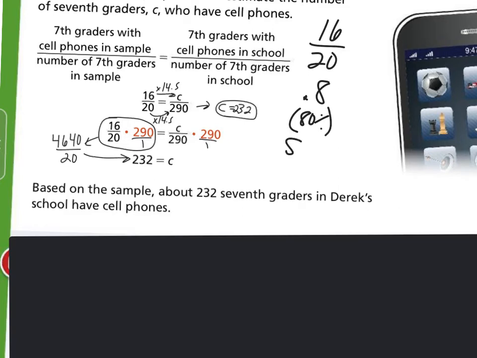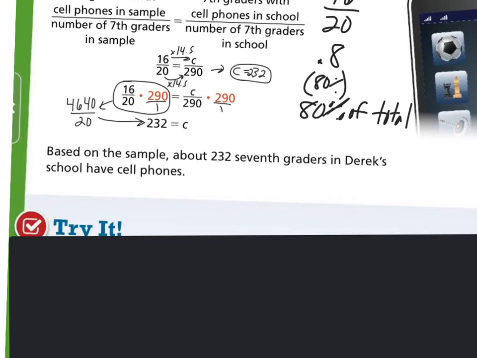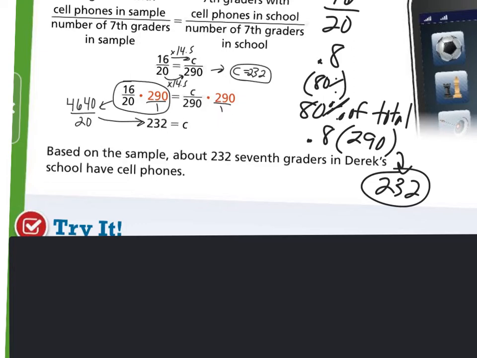So really we could say 80% of the students, or 80% of the total, have cell phones. So we could just take 0.8 times 290. That gives us 80% of the students, and we would get the same answer that way also. So it's just whichever way out of those options that you want to work this out.